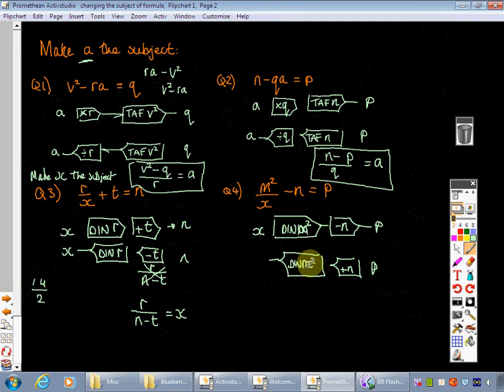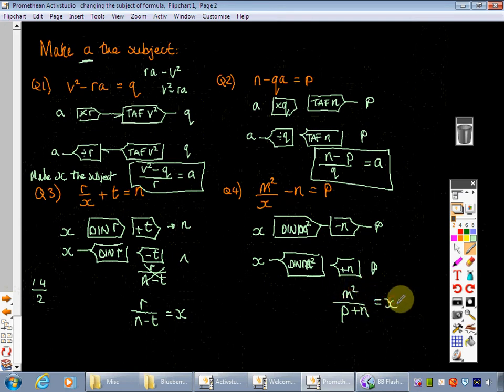Start with X. First thing you do is divide it into M squared, so it should be DIN M squared. Then take away the N. Gave me P. P, opposite or inverse of take the N is to add the N. The inverse of DIN M squared is DIN M squared, and that gives out X. I can now write that down. P plus the N, and that's divided into M squared equals X.